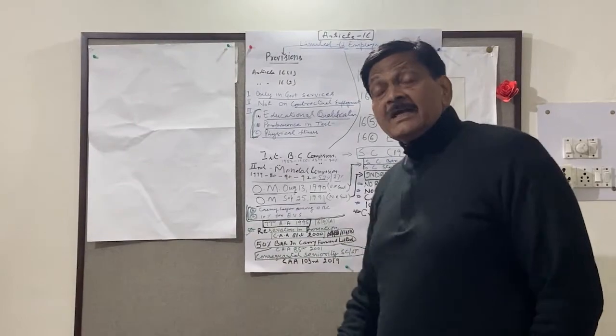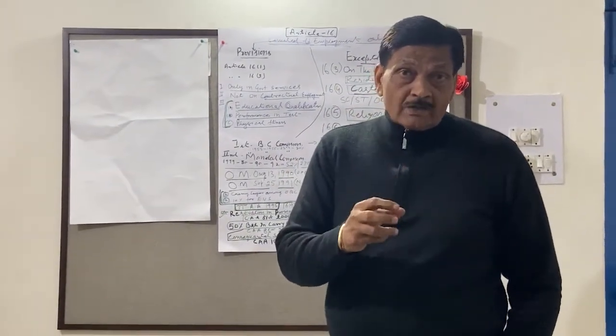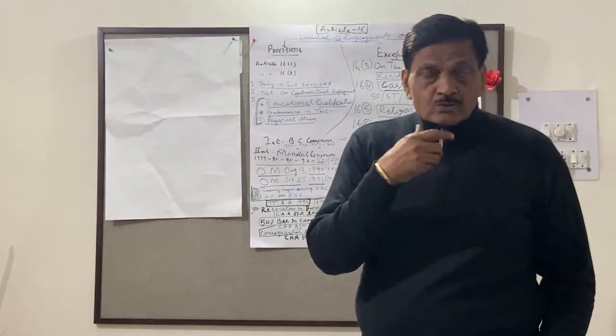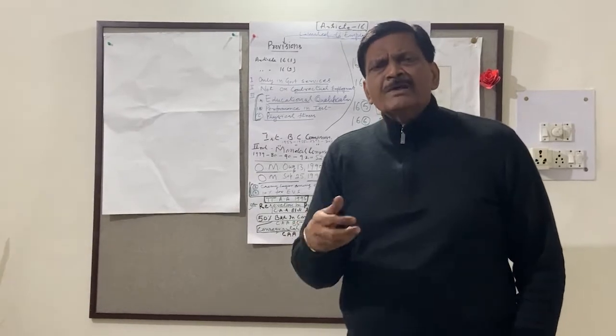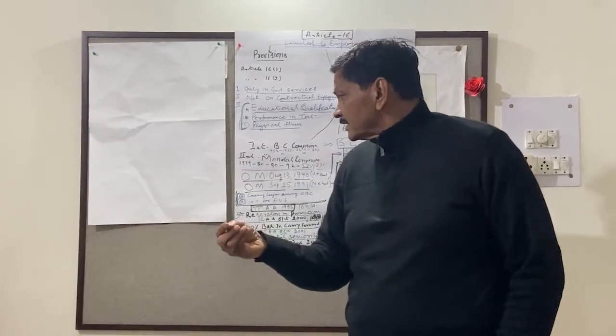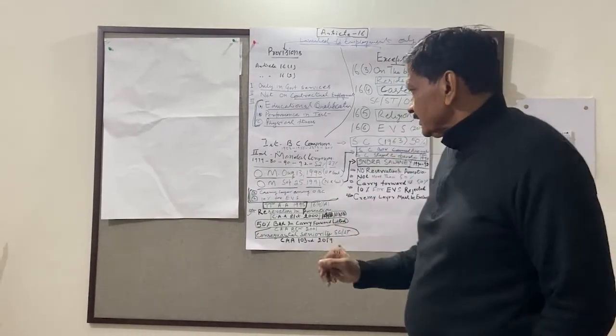Number one, there must be a creamy layer among the OBCs. This means that those who are already affluent or not backward on the basis of land or other assets, they should be excluded from the category of reservation.